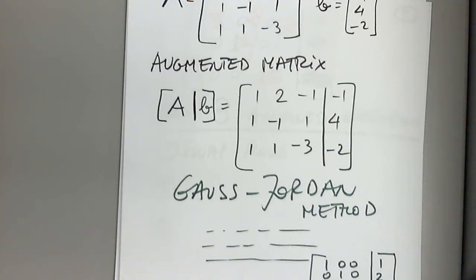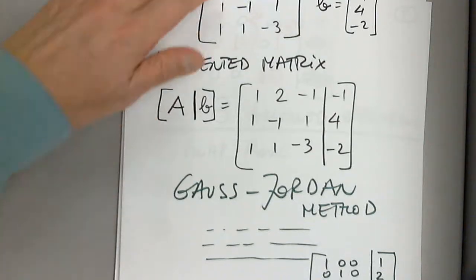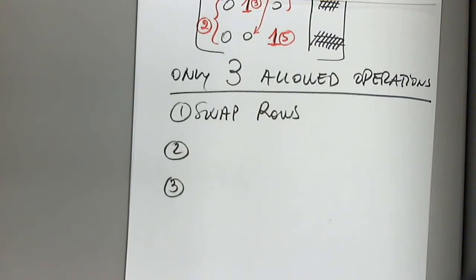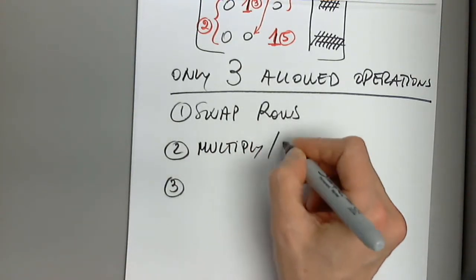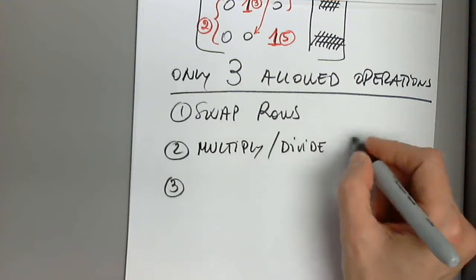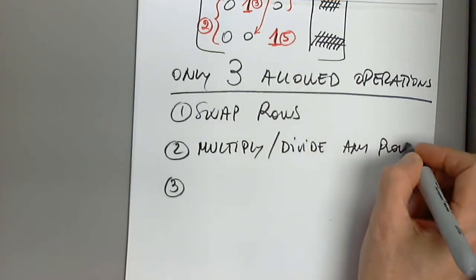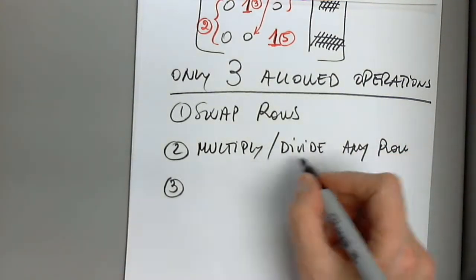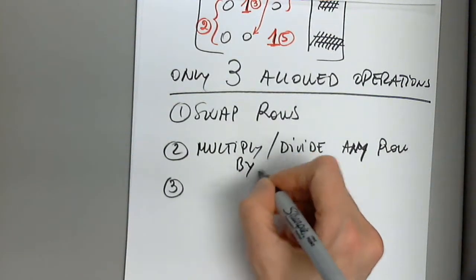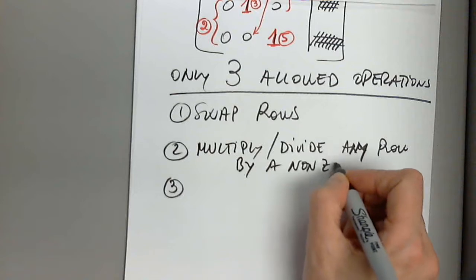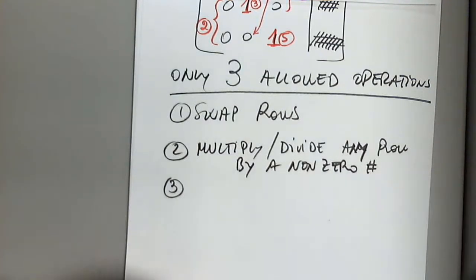The final solution will not change, as long as I don't multiply by 0, of course. So that's the second allowed operation. Multiply or divide any row by a non-zero number. I cannot multiply by 0 and I cannot divide by 0.